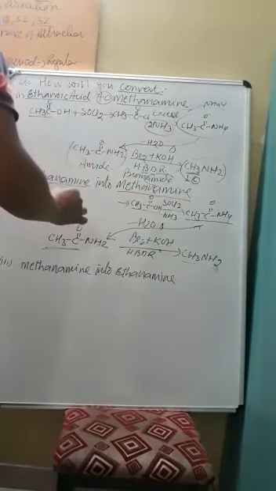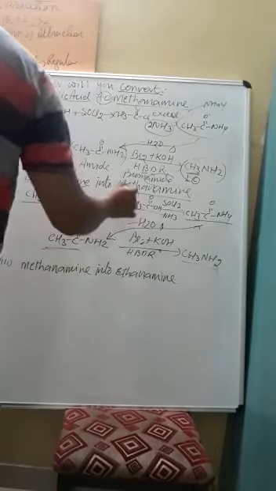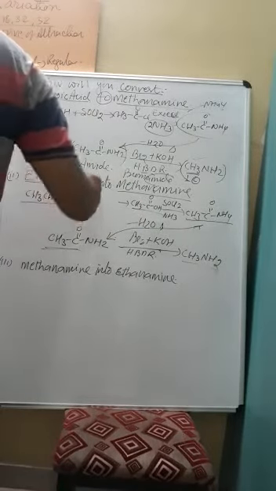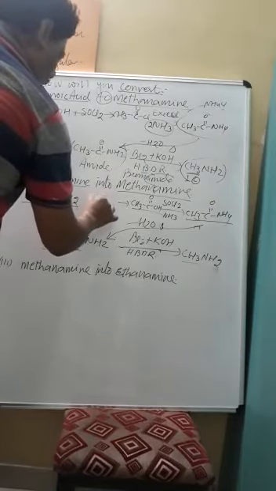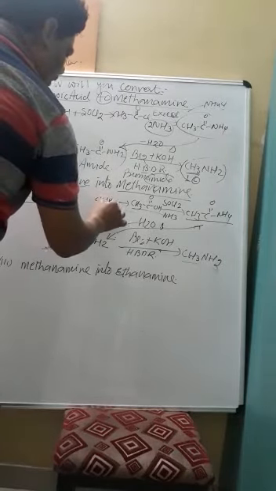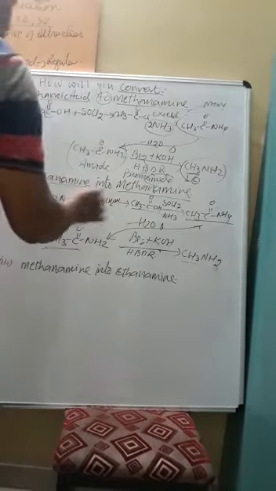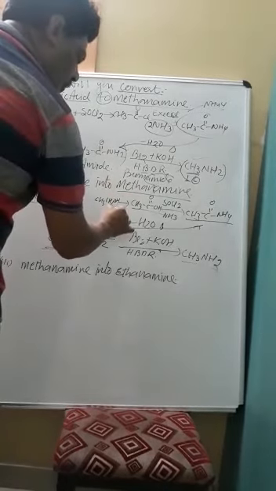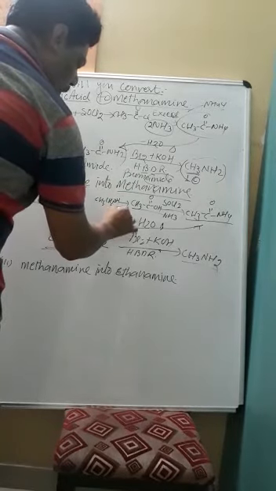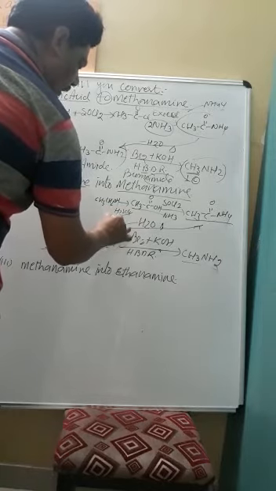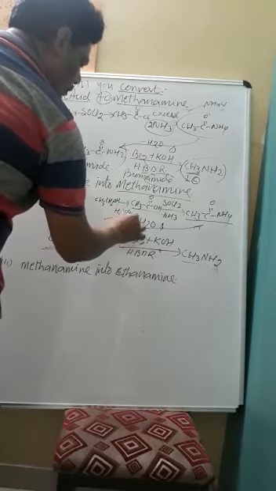But now the question is how to convert ethanamine into acetic acid. Acetic acid can be prepared by oxidation of alcohol. Oxidation of alcohol means CH3CH2OH, and oxidation requires H2SO4 and K2Cr2O7.